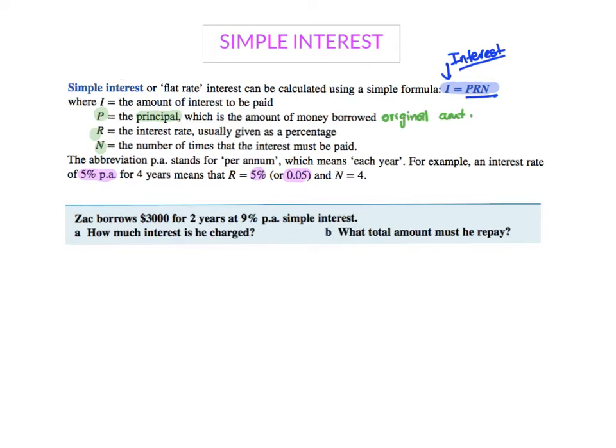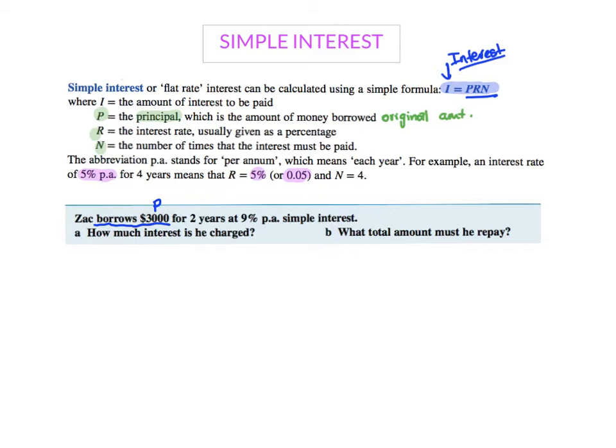All right, so let me do this example with you. Zach borrows $3,000 for 2 years at 9% per annum simple interest. How much interest is charged? What you should do when you're reading these questions, if you're doing simple interest, is try to put the letters above the information. So he borrows $3,000, that's my principal, for 2 years.